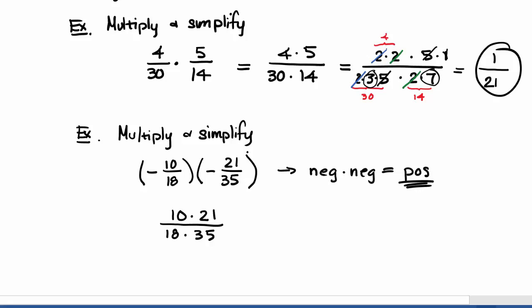Right, so now I know it's going to be positive. I'm going to rewrite my 10 as 2 times 5. My 21 is going to be 3 times 7. My 18 is 2 times 9, but I can also write that as 2 times 3 times 3. And then 35 is 5 times 7. So again, I can start canceling.